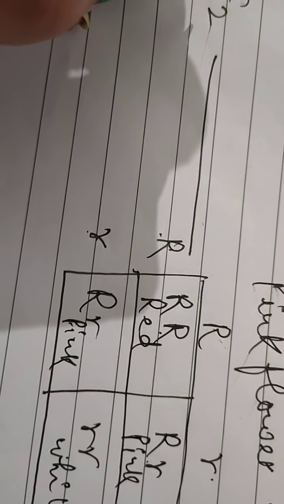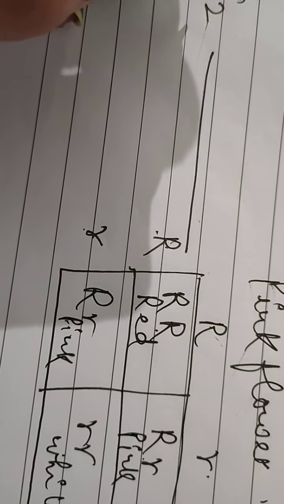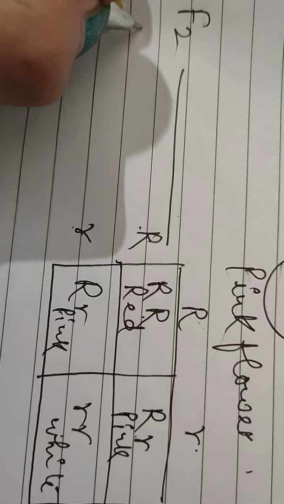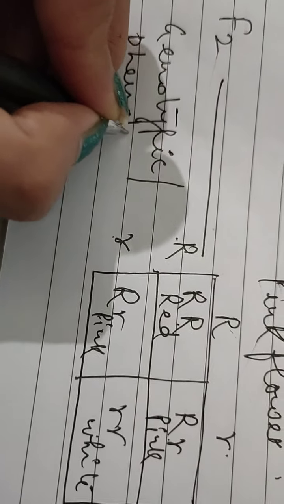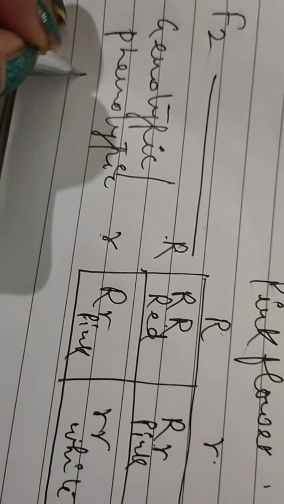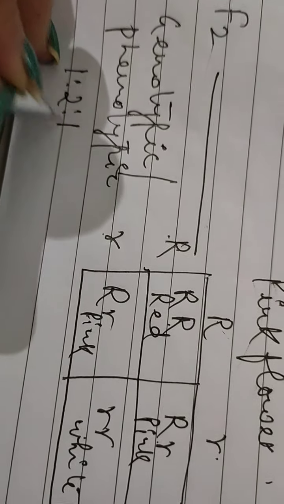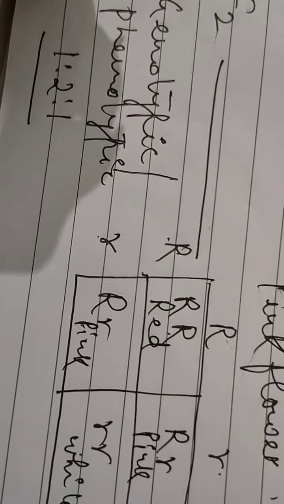So what is the phenotypic ratio? You can say here both the genotypic and phenotypic ratio are the same in case of incomplete dominance, that is 1 is to 2 is to 1.